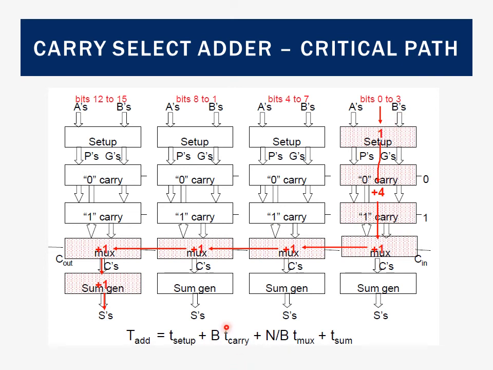So 4 times T carry is the delay observed here, and then the delay through the multiplexers, that is N divided by B. So all intermediate blocks would be considered for the delay, plus T sum, because we are not interested in the delay required for the carry out, but the delay required for observing the final sum bit, that is the A16 plus B16 summation. So that is the T sum here, and that is how we calculate the critical path delay in the case of the carry select adder.